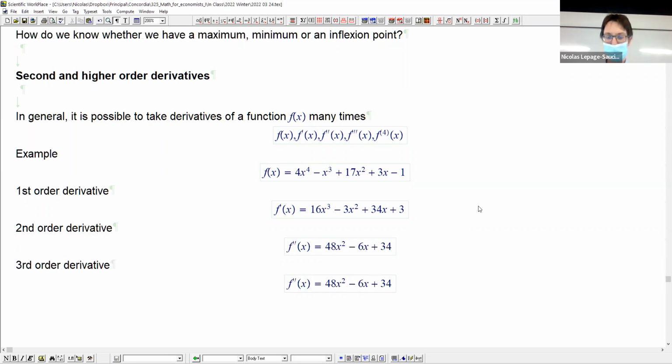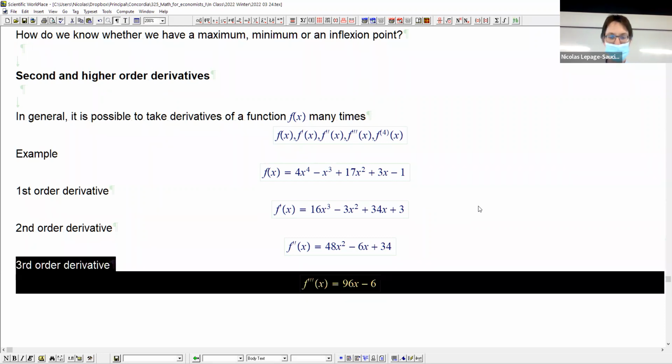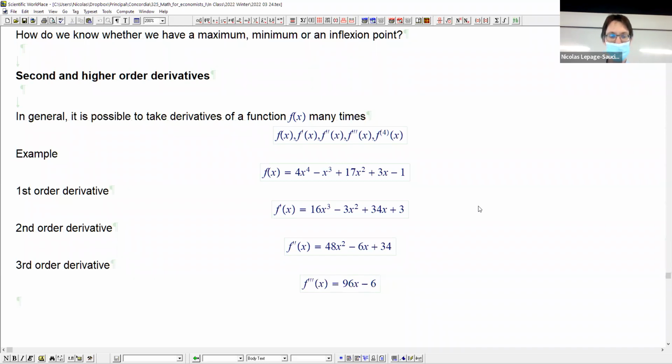Then the third order derivative, f prime prime prime, is 96x minus 6. And since we're so well started, let's continue. Fourth order. Oh, I remember why I wanted to write it in some other way.